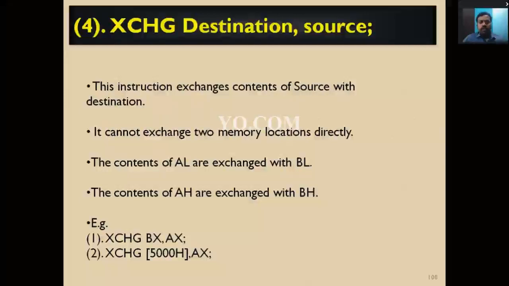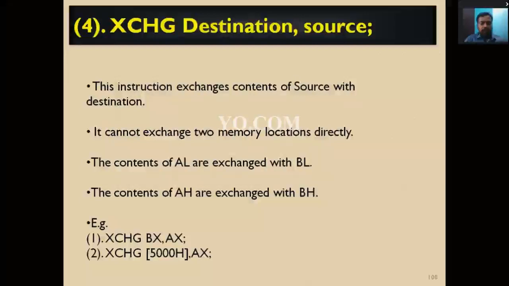A's content is moved to the temporary variable, then B's content is moved to A, and the temporary content is moved to B. But here, a single instruction can exchange AX and BX in a fraction of a second.